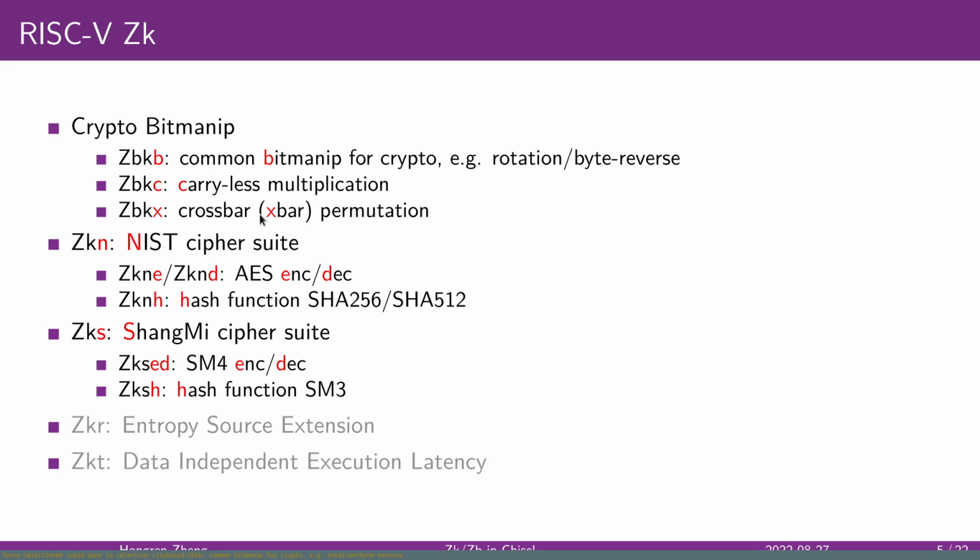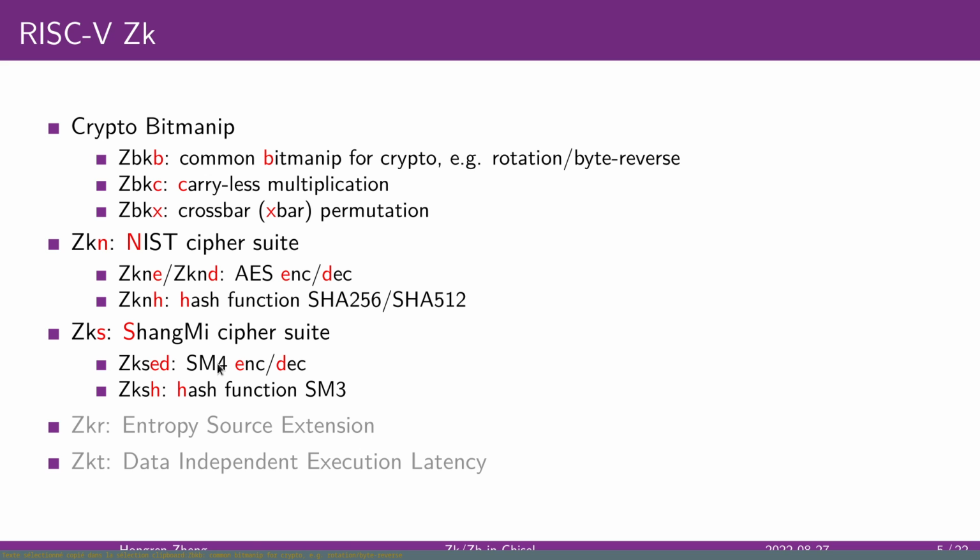It also has support for cipher suites of different countries, like for the US, the NIST cipher suite, and for China, the ShangMi cipher suite. The NIST cipher suite covers AES and SHA, and ShangMi covers SM4 and SM3.